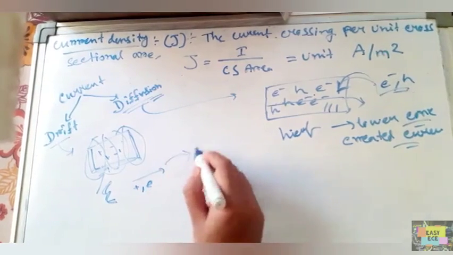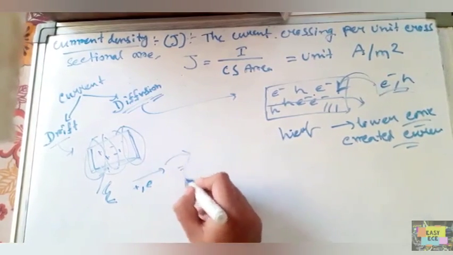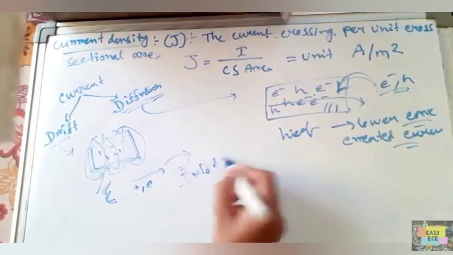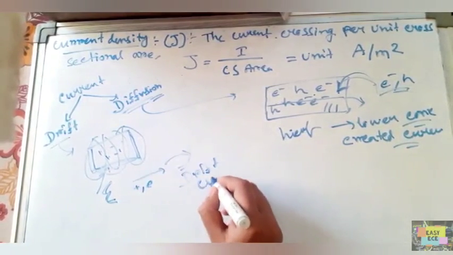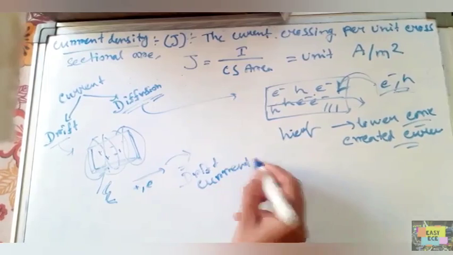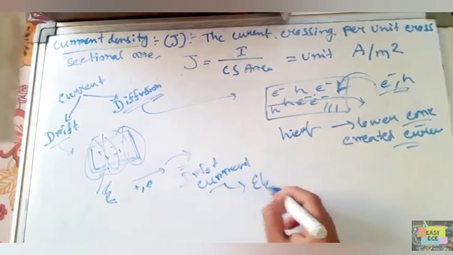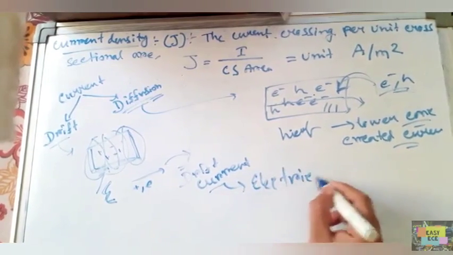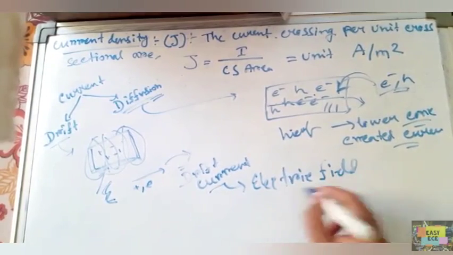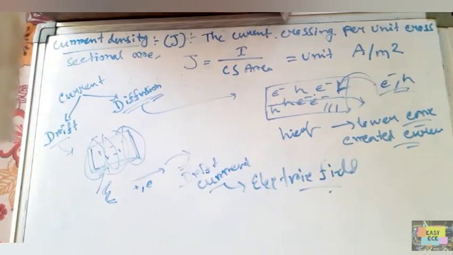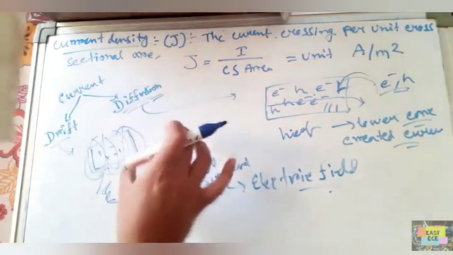This current, produced by the electric field, is known as drift current. So up to this, the two current concepts are clear.